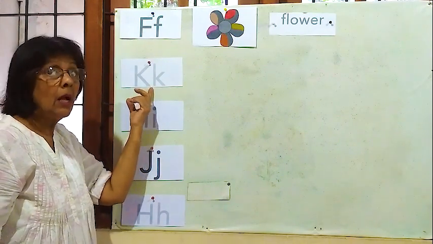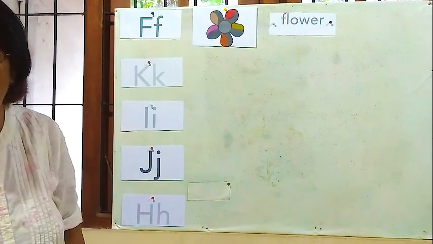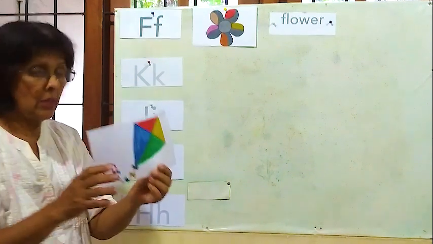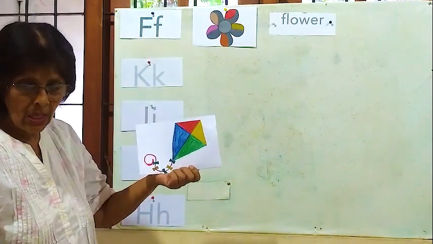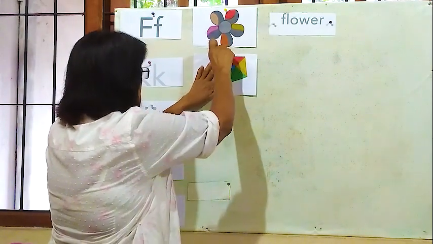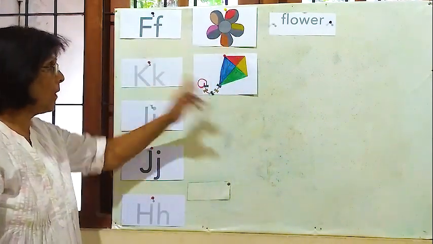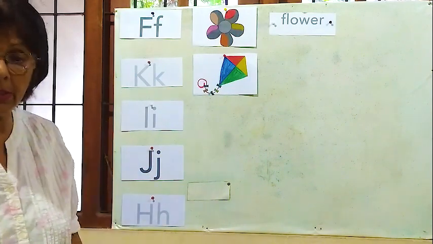Here letter K. K for, now try to recognize the picture here. Kite. What is it? Kite. K for kite. Here, kite. K for kite. Then we will find the word.